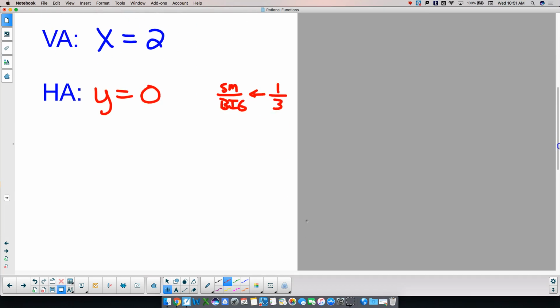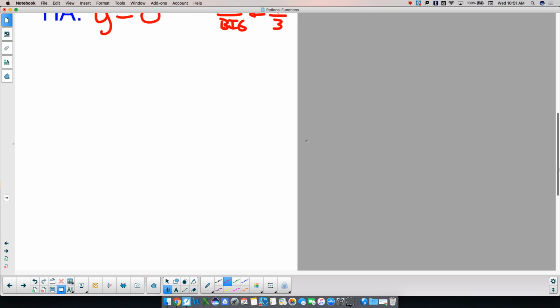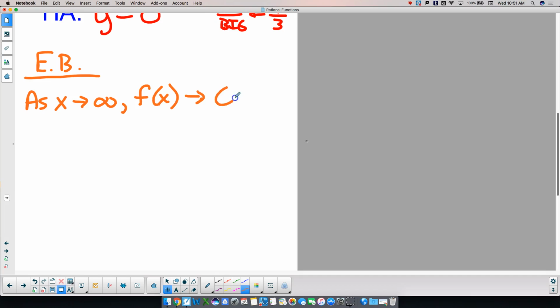End behavior, asymptotal behavior. End behavior as x goes to infinity, my function is going to go to 0. I just need to figure out if it's going from above or from below.